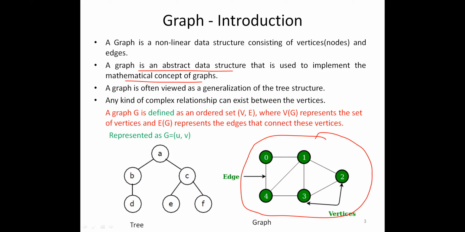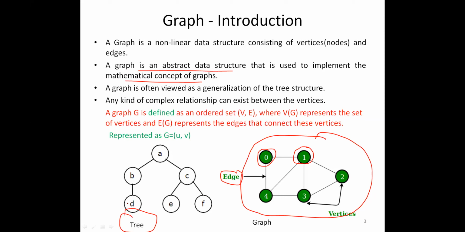Now, how the vertices are connected. Vertex 0 is connected with vertex 1 by an edge. Here 0 to 4 is connected with an edge. Same like a tree. We have to know the difference between tree and graph. We can say that a tree is a special kind of graph.